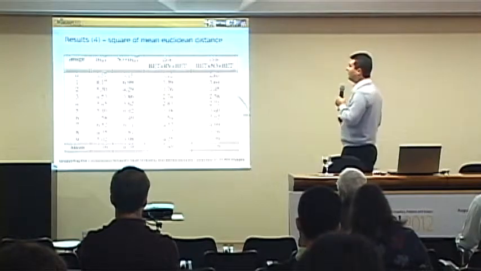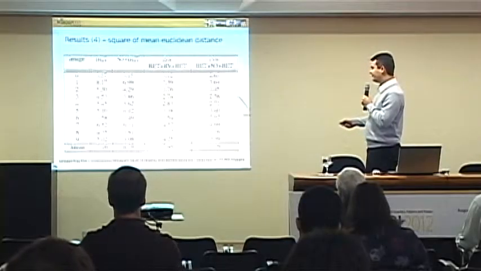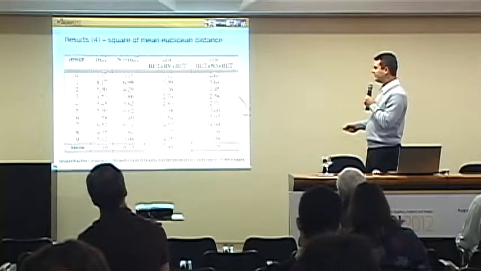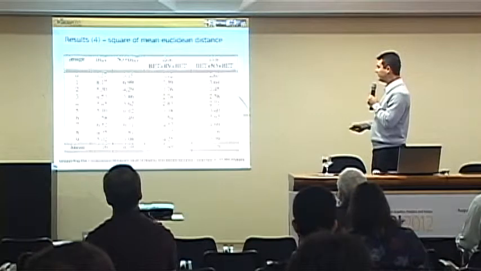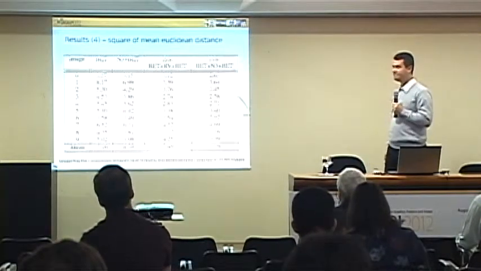And also we penalized the borders that fall really far from the ground truth by the square of the mean Euclidean distance. And we saw that in this case, ESS by reference voxel had the best result in free images, and for the other ones, the better result was with BET and free and BET.